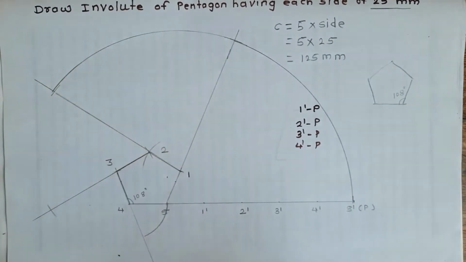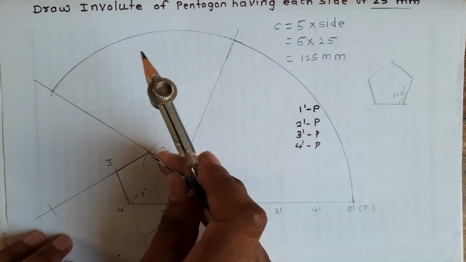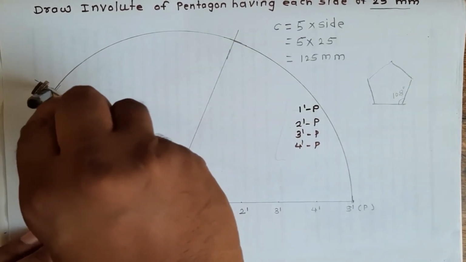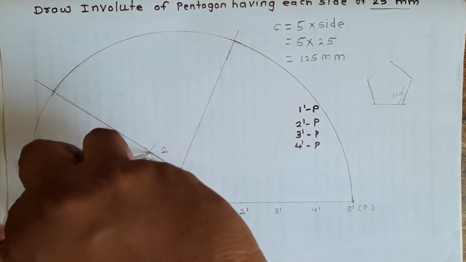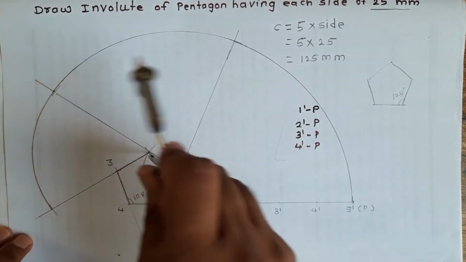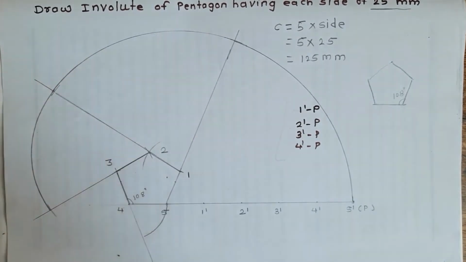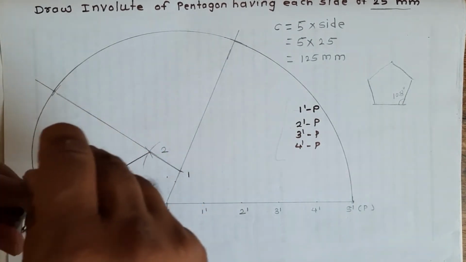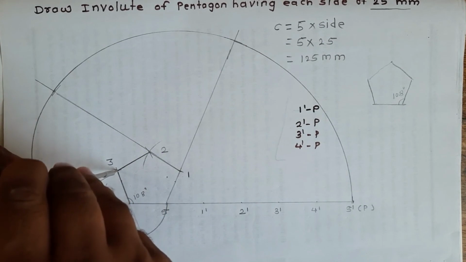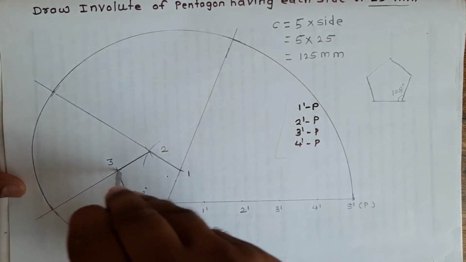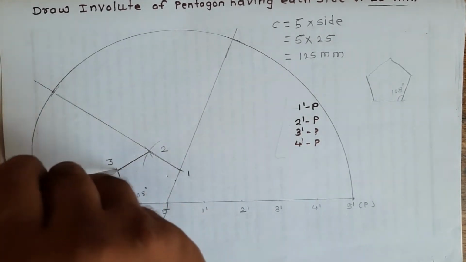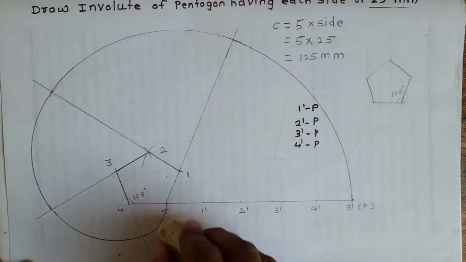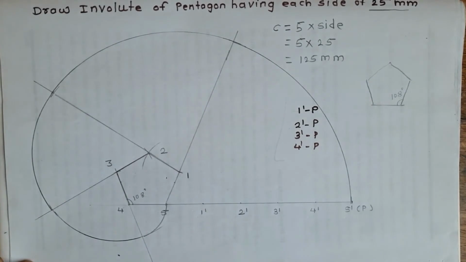Okay, I have completed till the second. Third, I come to point number 2, take that distance in the compass, and complete the involute. Next I come to point number 3, take that distance in the compass and complete the involute. Okay, as per procedure I have completed the involute of this pentagon.